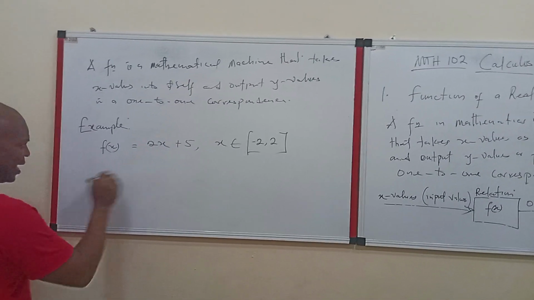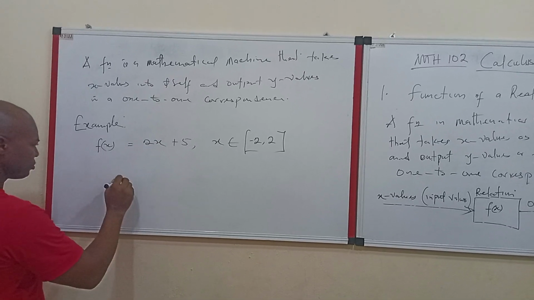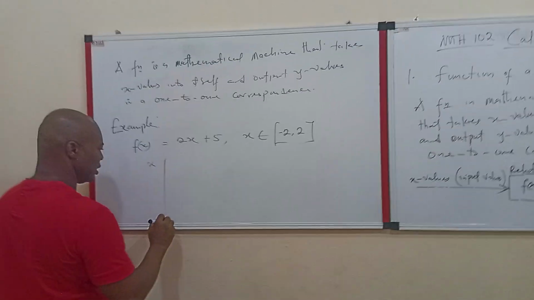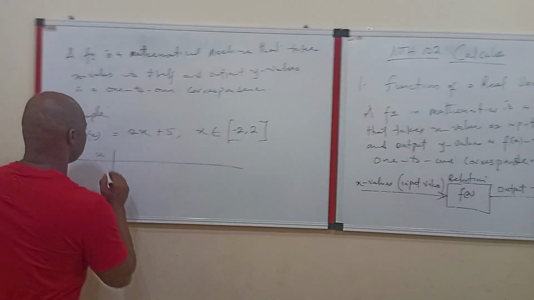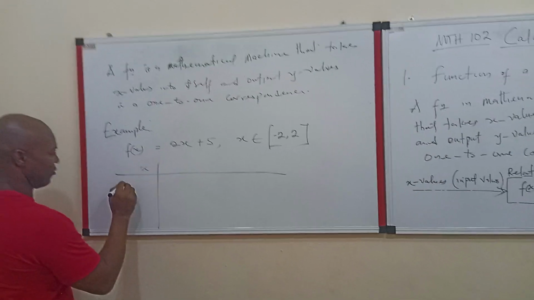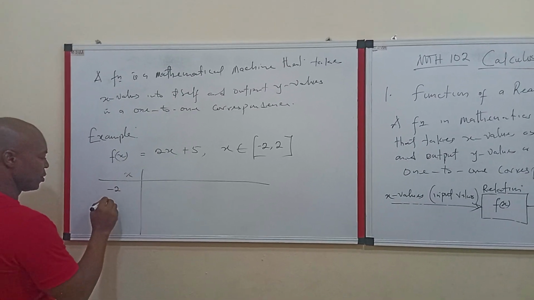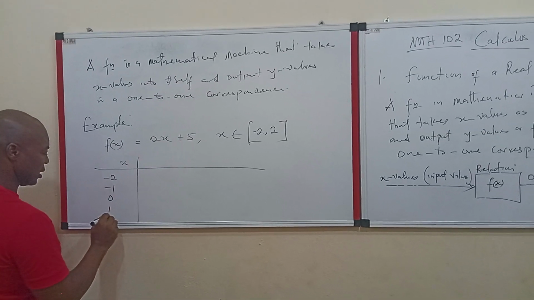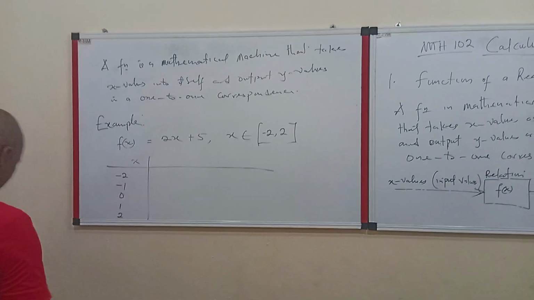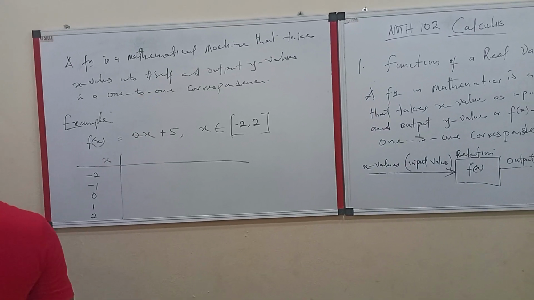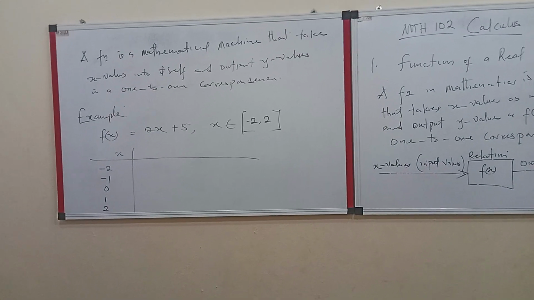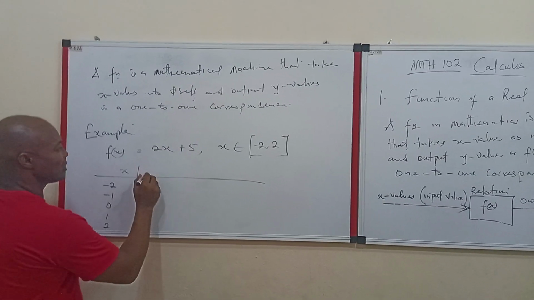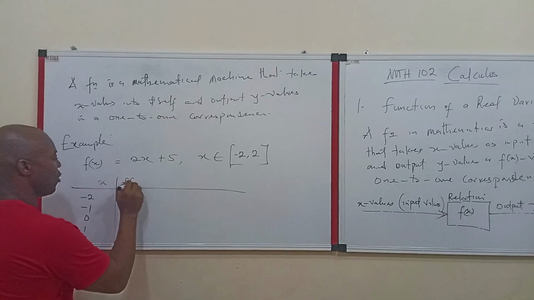So the x values that we have here are -2, -1, 0, 1, and 2. Now look at it. Whereas this other side, we have a function.